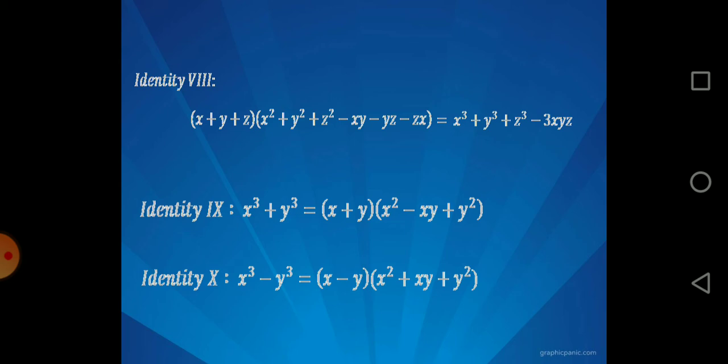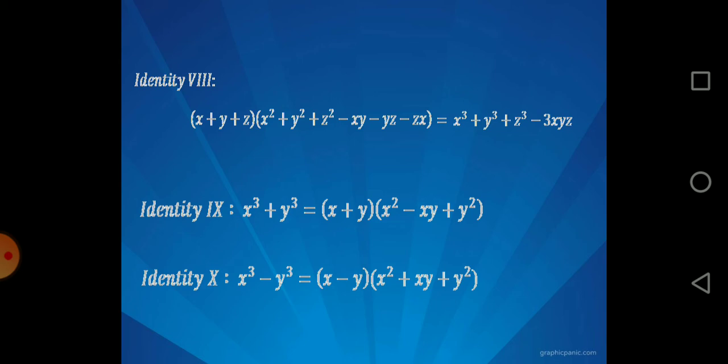Or we can also say that the factors of x cube plus y cube plus z cube minus 3xyz are x plus y plus z and x square plus y square plus z square minus xy minus yz minus zx.